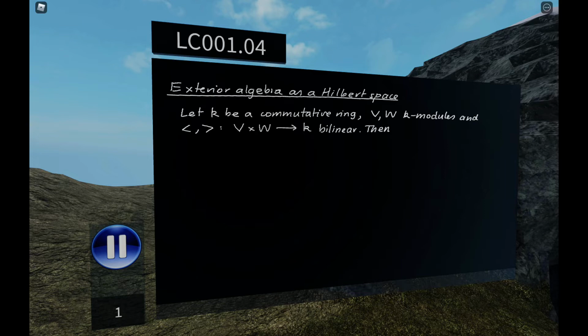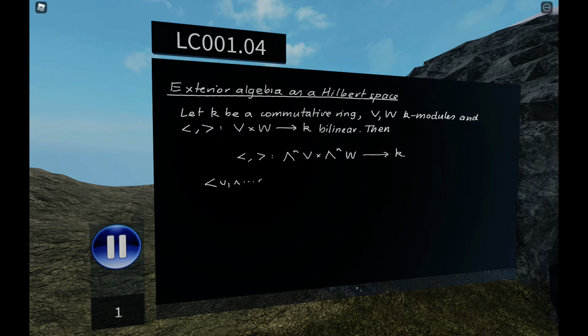There's a very general way of associating to that a pairing on the exterior powers of V and W. So for any n, there's a bilinear form defined as follows.